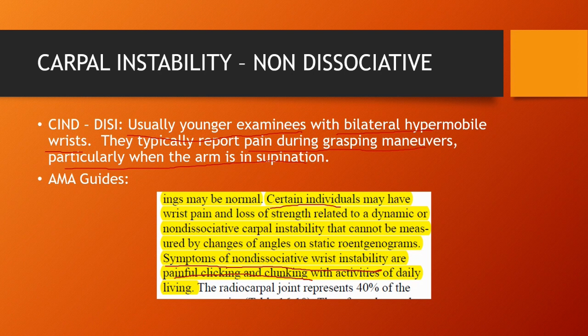In the industrial setting and workers' compensation, this is going to be a symptom pattern and an injury pattern that's found after trauma to the wrist. So after trauma to the wrist, even though there may not be findings on static X-ray radiograph measurements, the examinee will still complain of symptoms, and the physical examination will be consistent with clicking and clunking on provocative maneuvers.